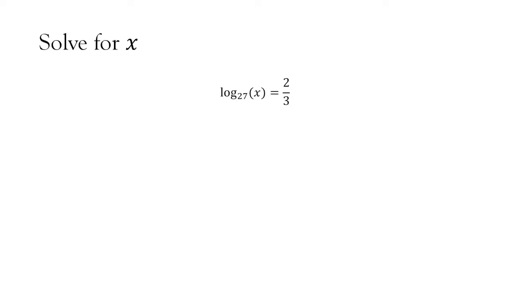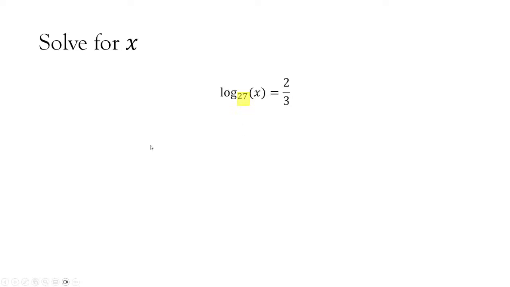Remember, in class, we did an example where I can always jump back and forth between log form and exponential form. And one way we talked about this is the base of my logarithm is the base of my exponential. So I just read this as log base 27. So my base is 27.